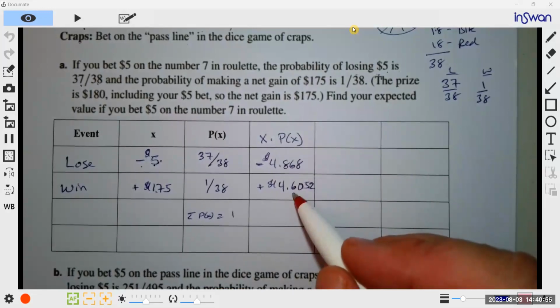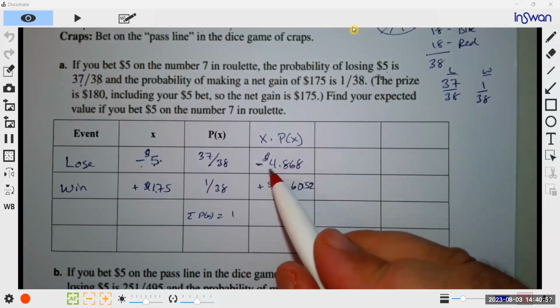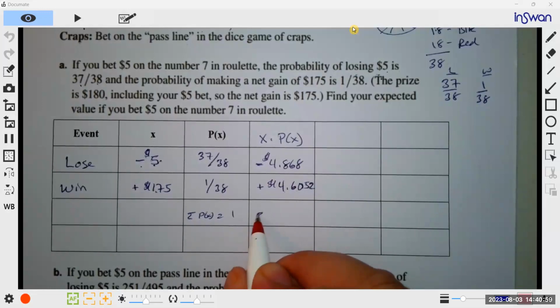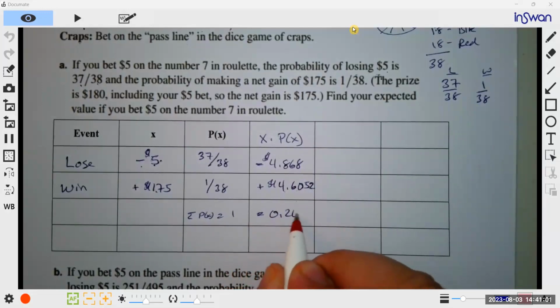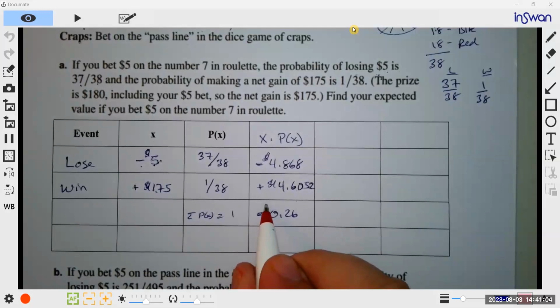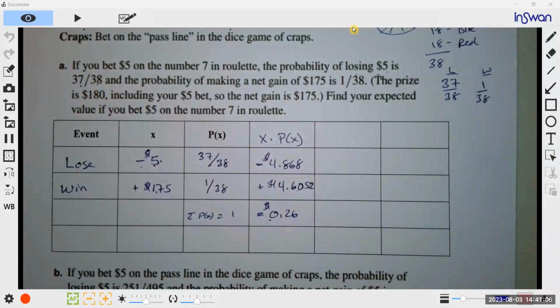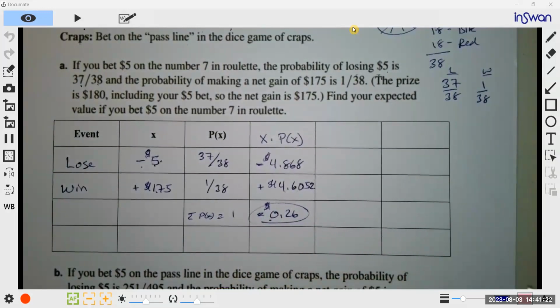Now, if you add these two, 4.6 minus 4.8, it's going to give you about 0.26. So you basically lose 25 or 26 cents each time. Remember, if you add up all these, this is your average. So on average, you're going to lose 26 cents every time you play.